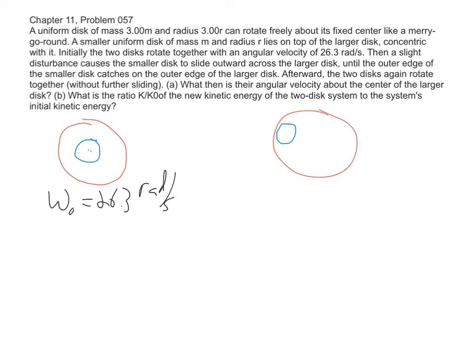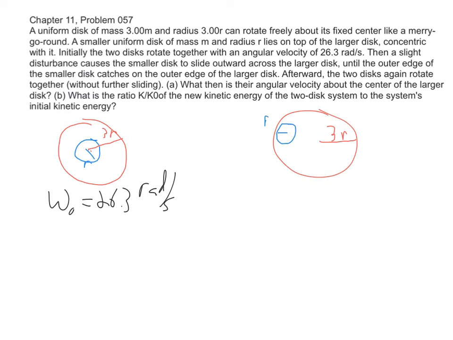Now in this case, if we want, we could come over here and label this as 3r, as we know. This radius here is just r. We still have this radius that's 3r, and this guy still has a radius of r.